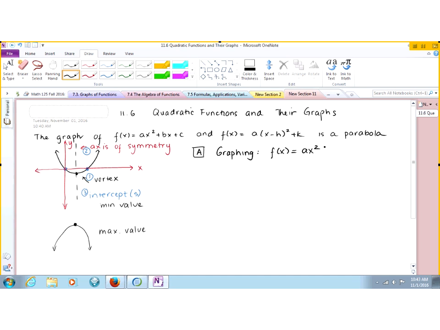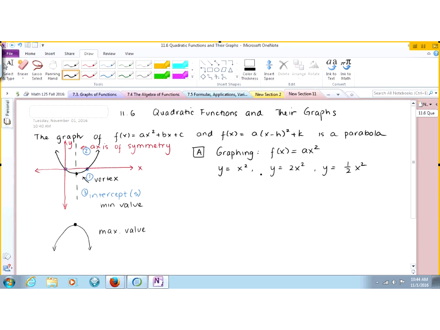We want to graph y equals x squared, y equals 2x squared, and y equals half x squared. Later on, we will build what the minus h and the plus k mean, but that comes later. Right now, we will start with graphing y equals x squared.